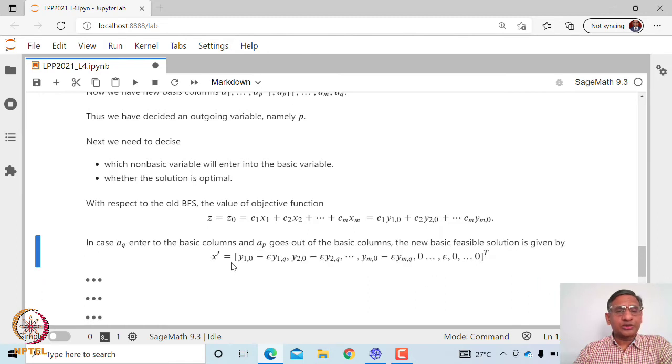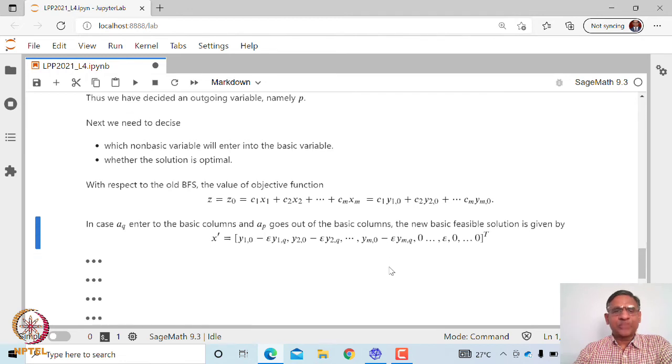Now with respect to the new solution x dash, what will be the value of the objective function? We have decided that AQ is going to enter the basic columns and AP is going to go out of the basic columns, and the new solution is x dash. Let us compute the value of the objective function for this.